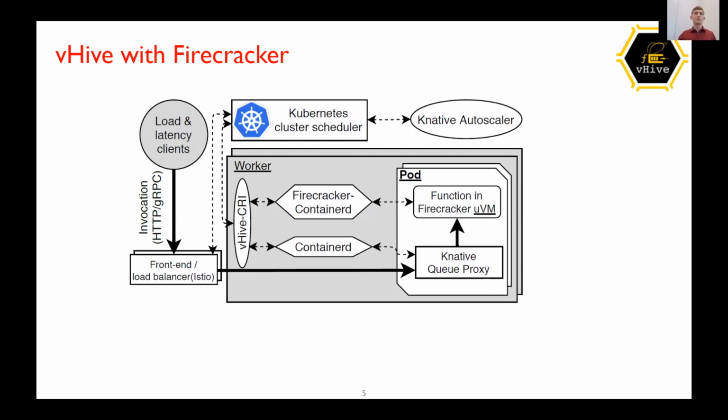The CRI is basically a unified interface for the control plane to interact with, so the different container runtimes don't need to all adhere to the same specification, but the CRI will bridge this. In our example, we will bring up a process using Firecracker, containerd for the functions, and standard containerd for all the infrastructure code. So all the Kubernetes and the Knative parts will run in containers, and the actual function executions will use Firecracker.